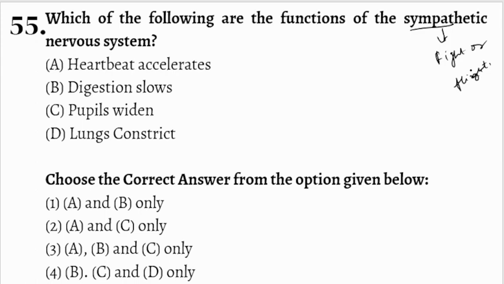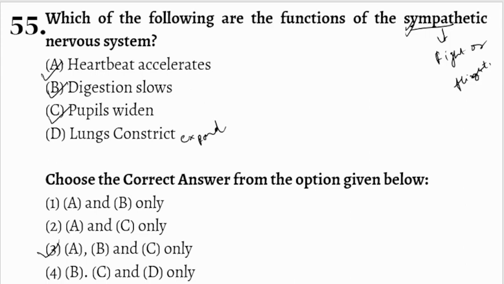So what will happen if this is activated? The heartbeat will accelerate, digestion will slow down, pupils will widen, lungs will constrict. No, lungs will expand. So A, B and C are our correct options here.